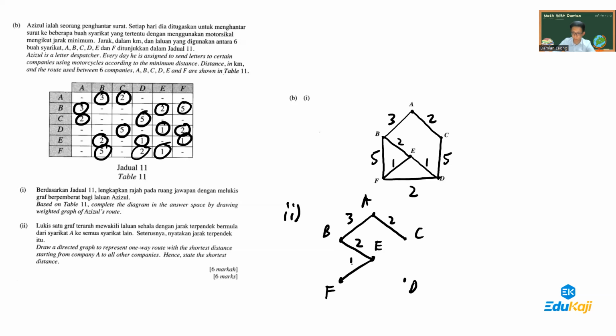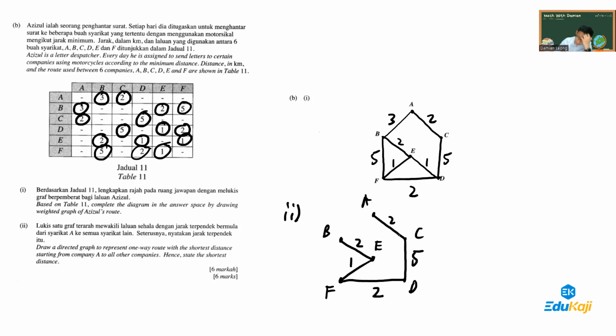E to F, 1. F to D, 2. Yeah, actually, no, that's not possible. So rather than taking this way, I'll use here, 5.